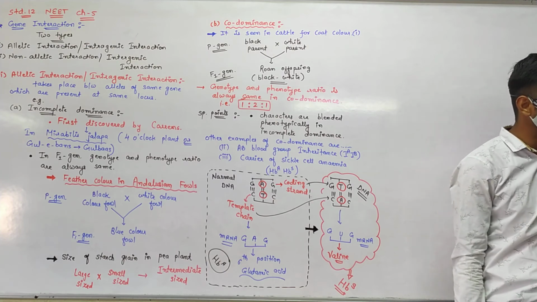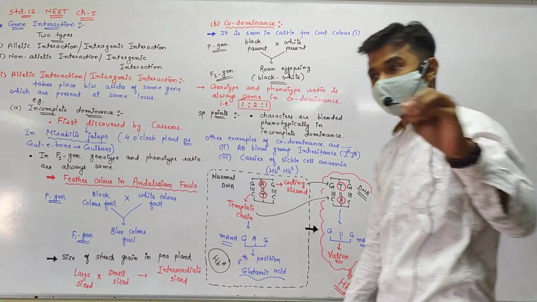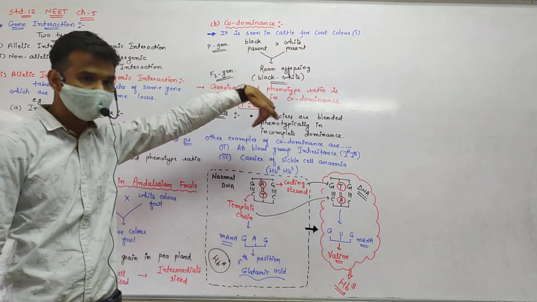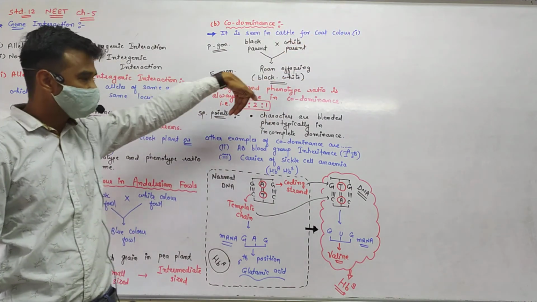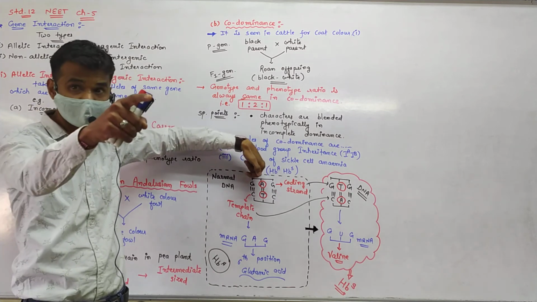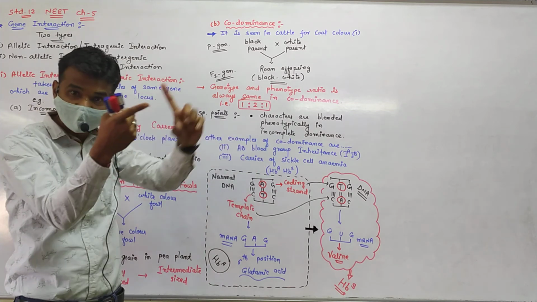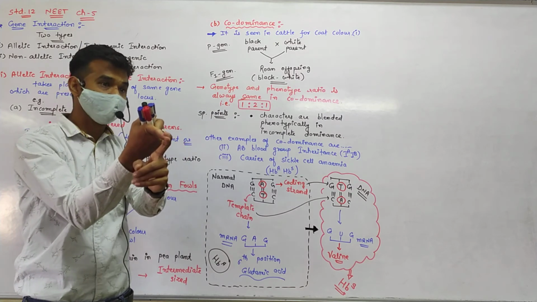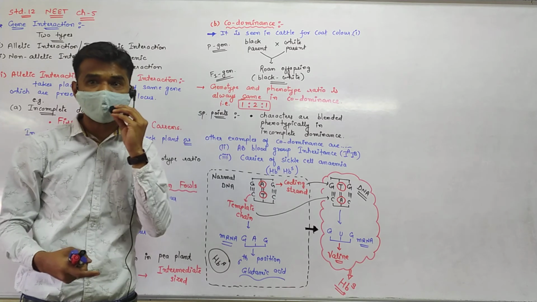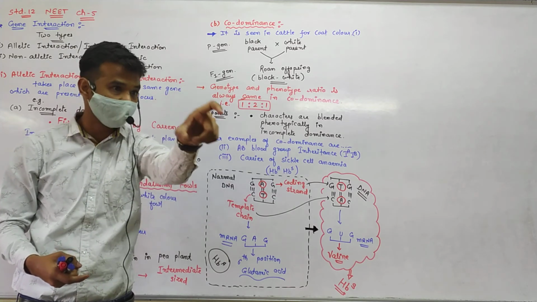What happened here? Now listen to the next statement carefully. When coding strand or template strand is asked, never write the mRNA. You have to think of it as DNA information.